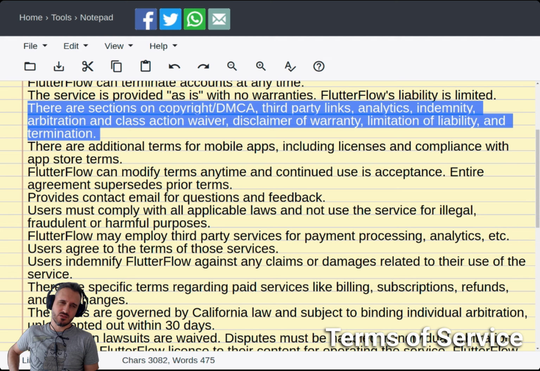Like I said, I'm not a lawyer, so I cannot say anything more about that. And we also have the disclaimer of warranty, the limitation of liability, and termination.